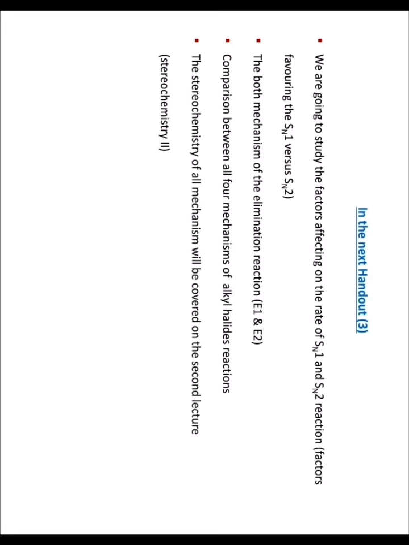Then we are going to move on to study the other two important mechanisms, for elimination reactions, which we call E1 and E2, elimination 1 and elimination 2. Then we are going to compare all four mechanisms of alkyl halide reactions.